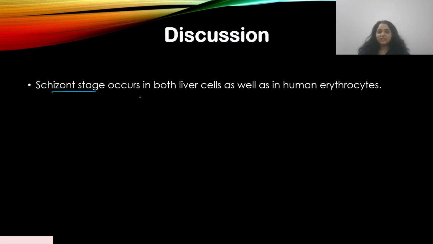So the schizont stage occurs in both liver cells as well as human erythrocytes. All right, please go and watch my video on Plasmodium life cycle, which is there in part 1. It's the first question. Within the first few minutes, you'll see the life cycle there, so you can go through it and note it down. Put those notes down in your notebook or wherever, and please read it over and over again.